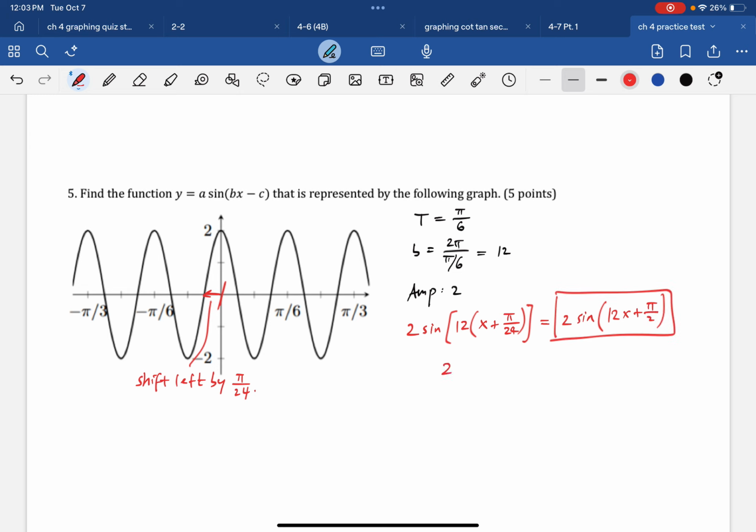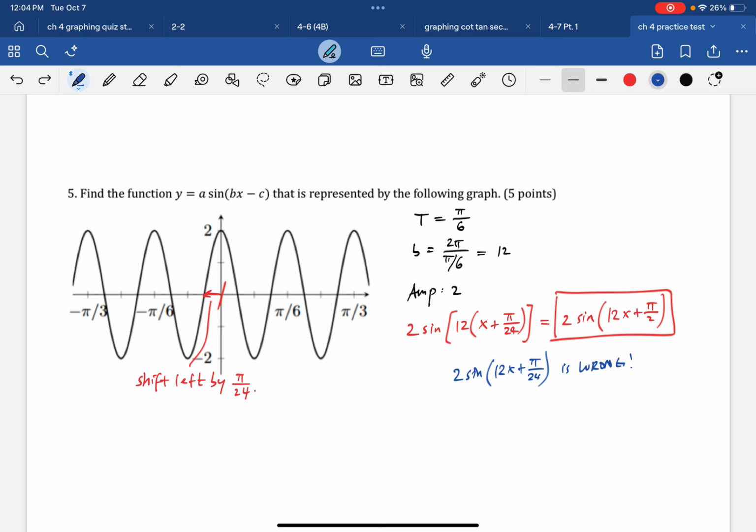Please note that this is a wrong answer. What I'm about to write would be a wrong answer. 2 sine 12x plus pi over 24 is totally different, and that's wrong, because you did not factor the inside of the parentheses prior to writing the horizontal shift.